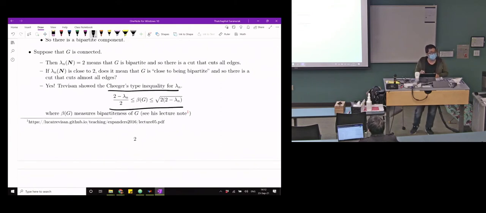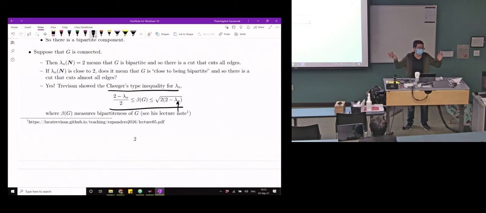When lambda n is close to 2, there will be some sweep cut algorithm such that it will give you a cut that cuts almost all of the edges. Yeah, but I just skip it. I just talk mainly about lambda 2 because lambda 2 has something to do with expanders, which is the main thing here. It's just interesting that lambda n is kind of the opposite of lambda 2.